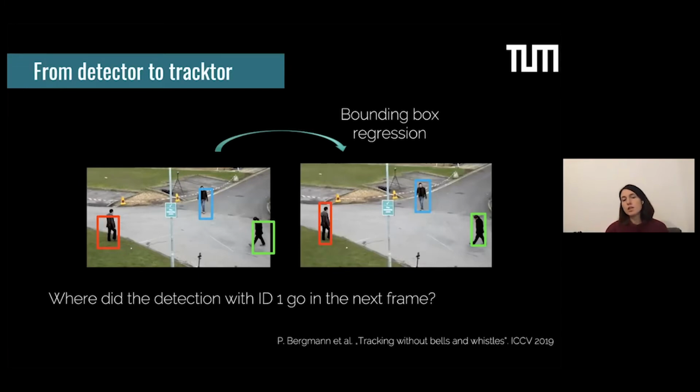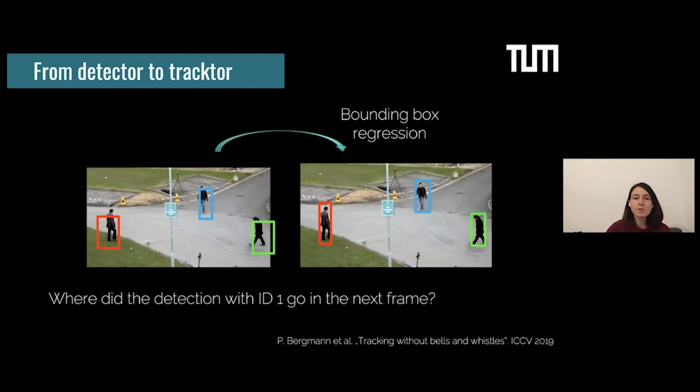But now the question is, did this actually solve the tracking problem, or did we just fit some bounding boxes? In order to answer this, we need to ask where my detection went in the next frame. For example, let's say that ID1 is the red bounding box. Can I know exactly where this particular detection went in the next frame?